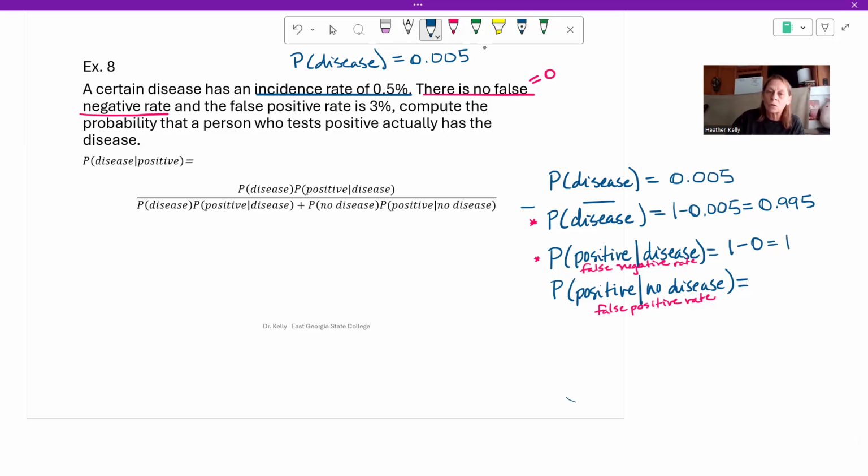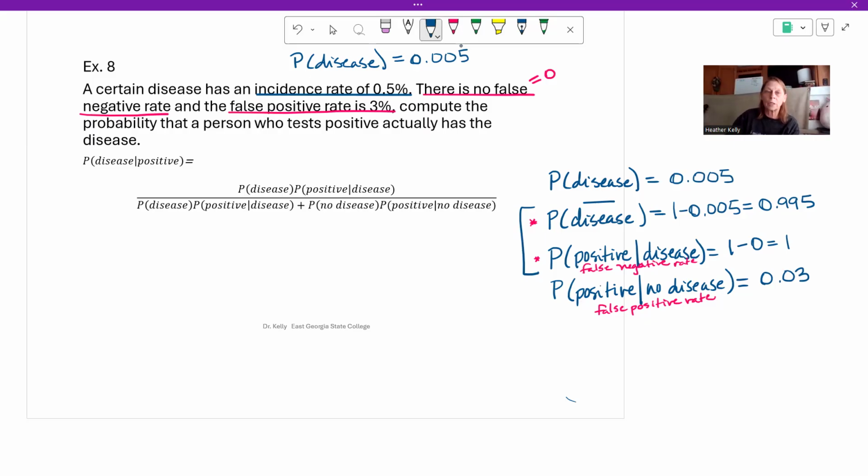These are the two that you have to do 1 minus whatever the value they give you generally. Okay. And finally, then it says the false positive rate is 3%, and this is the straight false positive rate, so that is going to be 0.03. Okay.